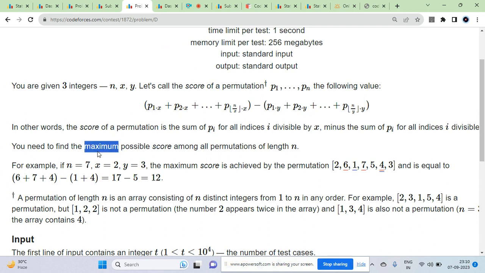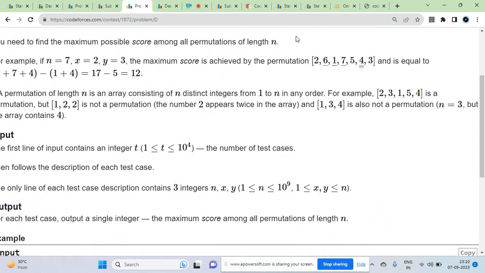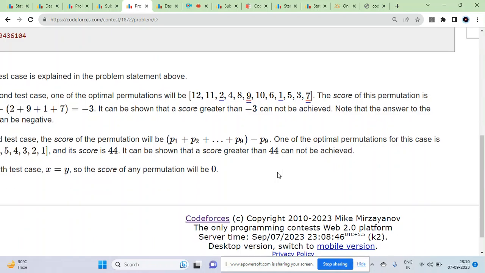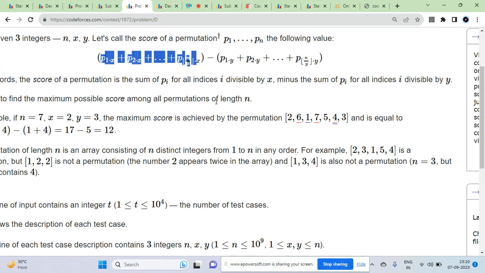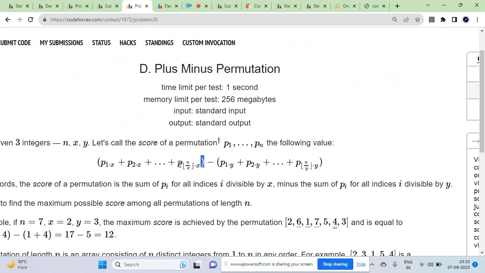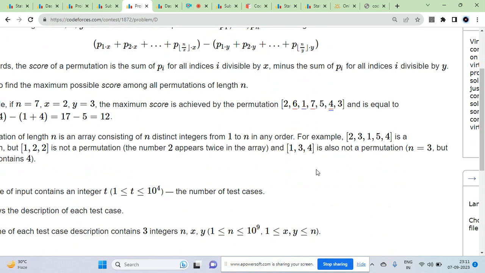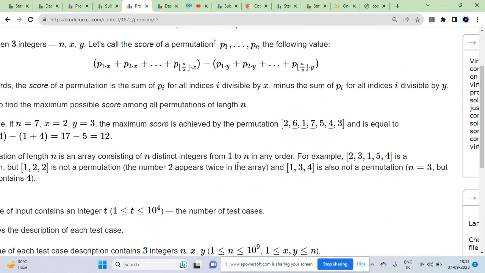But what is the logic? If you have a permutation, you can give any number you want to any index you want in the range, obviously. So I can say any number can be equal to 12. So why not make the sum of the multiples of x index maximum, and the other one minimum?